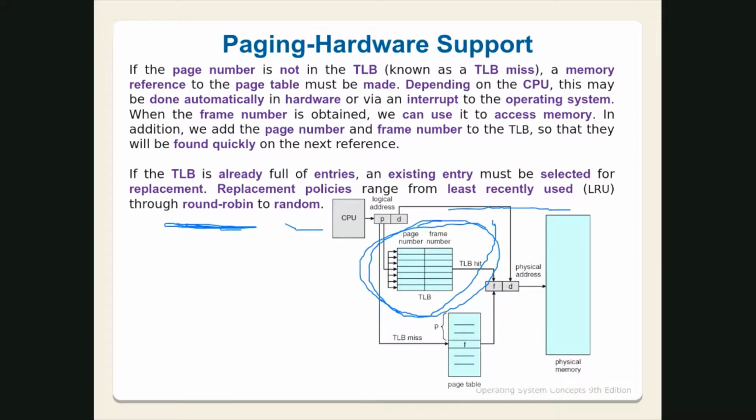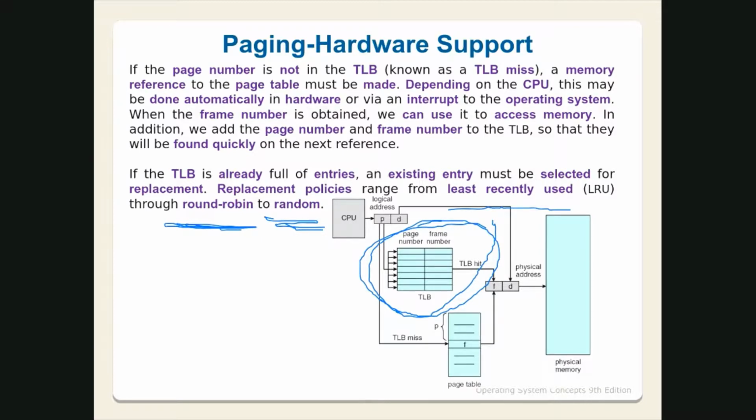Next time I want to replace means I'll go with the third entry. That's round robin. And the last one here, it's mentioned random. This is the one, randomly you pick any entry and then you replace it. That's random. Okay, so these are the techniques. There are different techniques available. It depends on the operating system which technique it is going to use. It depends on the OS only. It's not by us.